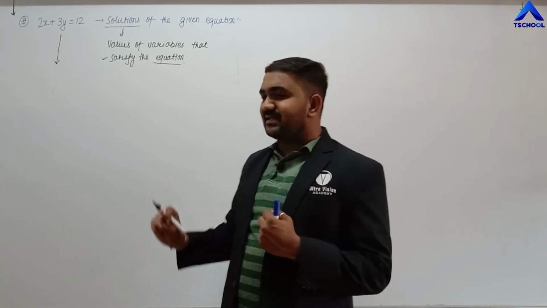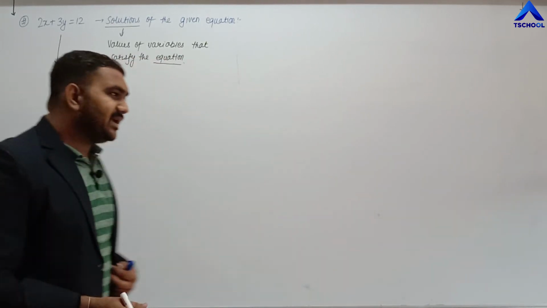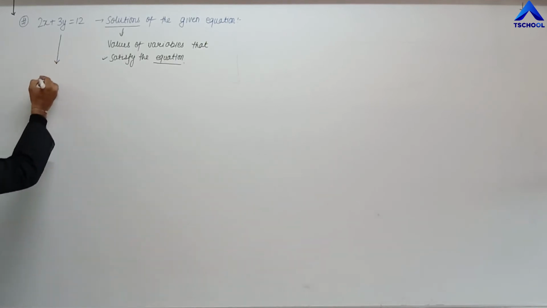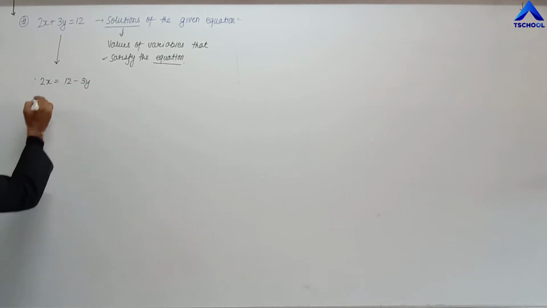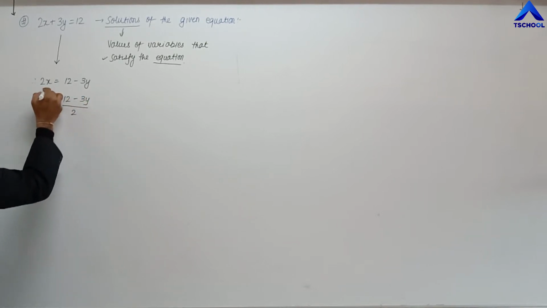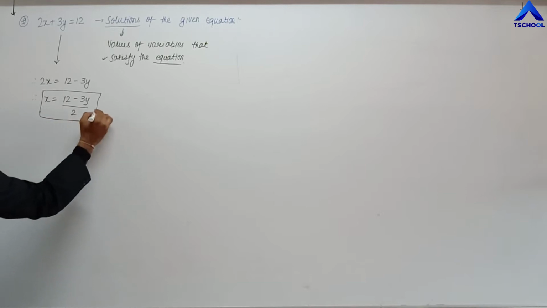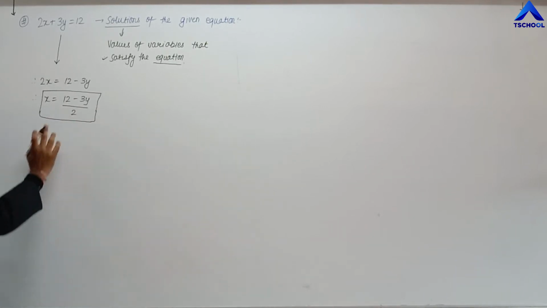If I am making x the subject, then I will get the value of x in terms of y. Let me explain how. We get 2x is equal to 12 minus 3y, and hence x is equal to (12 minus 3y) upon 2. This is the value of x making x the subject.